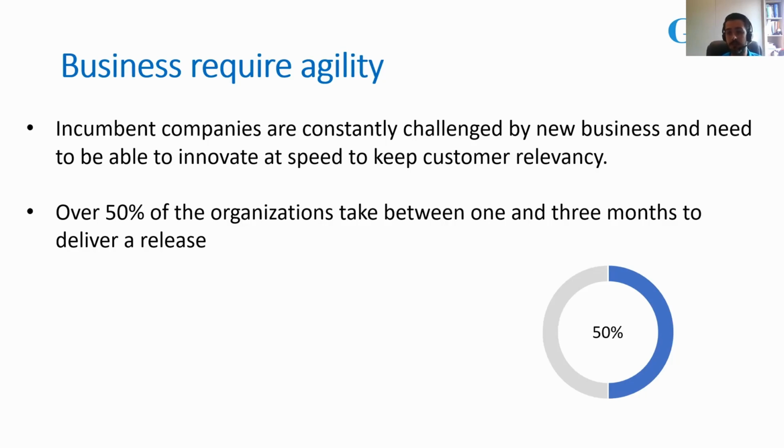Okay, and just to give you one idea here, there is a study that we got this data from that states that over 50%, or over half the organizations, take between 1 and 3 months to deliver a release. So over half of all the companies in the market take more than a month to deliver this release, even if it's a core application or a core patch.